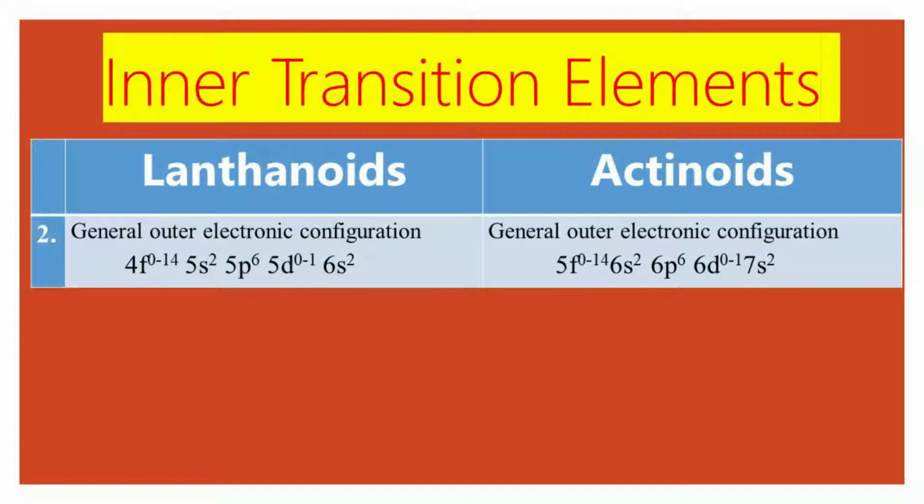And the general electronic configuration of actinoids is 5f with 0 to 14, 6s2, 6p6, 6d with 0 or 1 electron, and at last 7s2. These are the general electronic configurations for lanthanoids and actinoids.